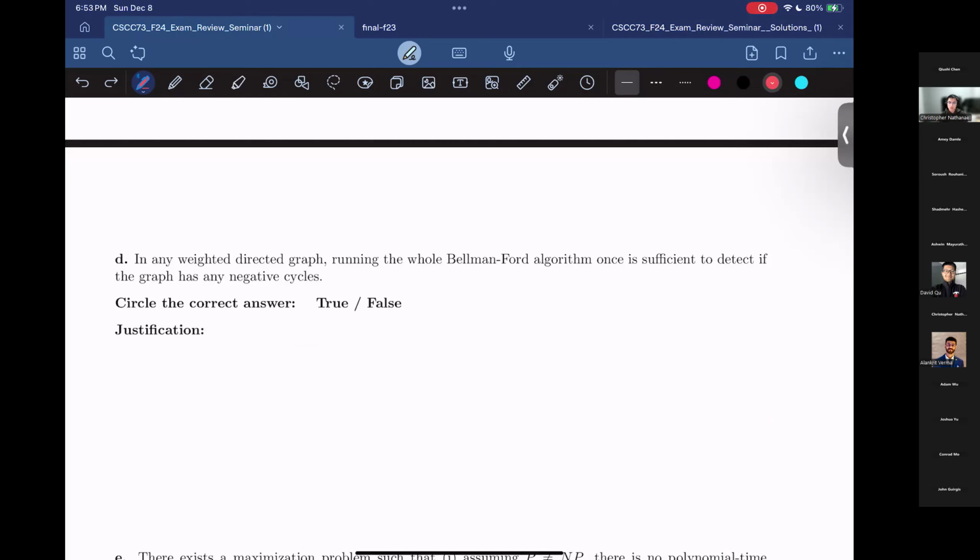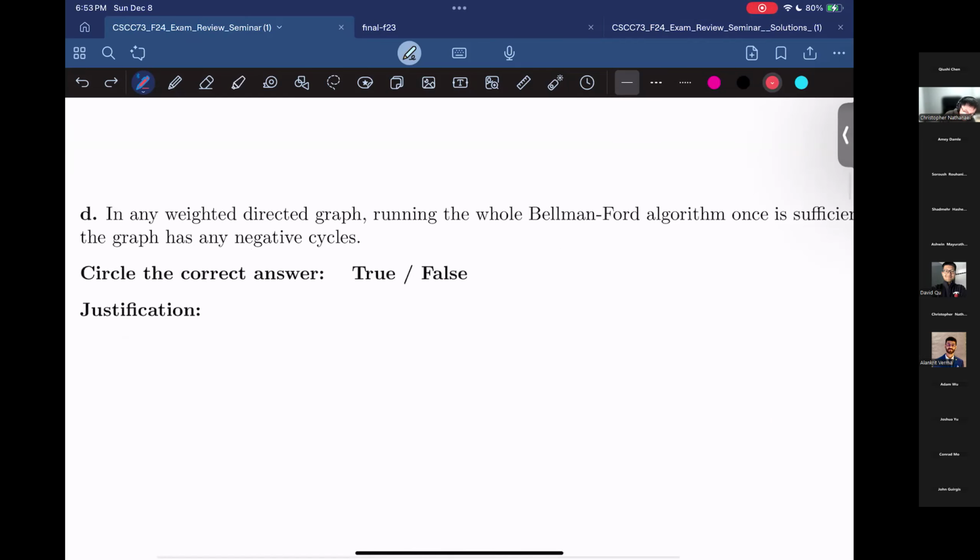There's one true. I see a couple of trues now. Okay, this one is actually false.